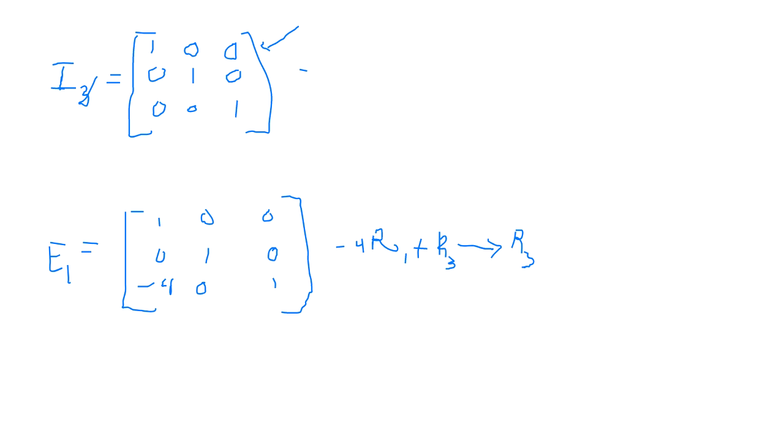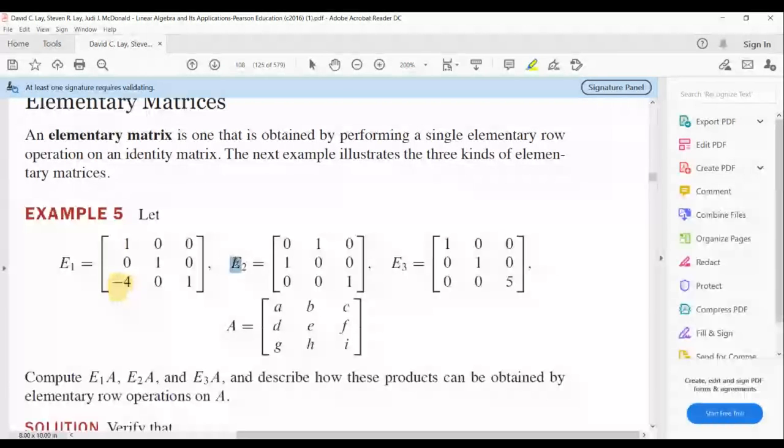All right, well, let me go back to the book here. What about the second matrix here? What did they do to the identity to get E sub 2?